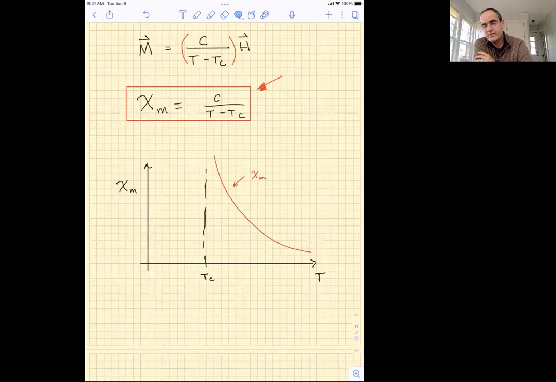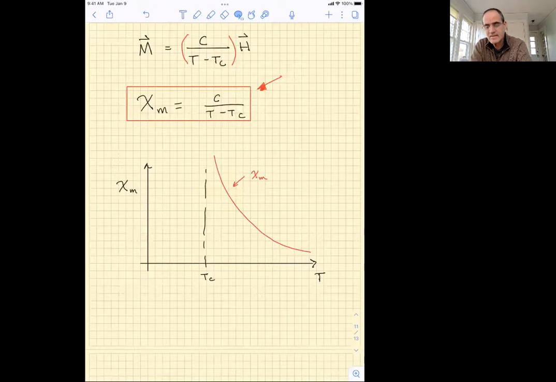We can illustrate this with a sketch, which is what I've done here. The important thing is that while in real paramagnets, the susceptibility gets larger at low temperature and diverges as the temperature goes to absolute zero, in ferromagnets, it simply diverges when the temperature goes to the Curie temperature.